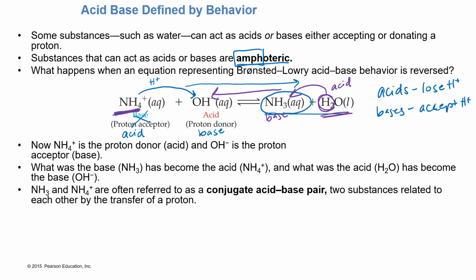Here it says NH4 is the proton donor, the acid, and OH is the proton acceptor, the base. And so what we see here is that NH3 and NH4 are called conjugate acid-base pairs because they're related to each other by one hydrogen ion, by one proton.